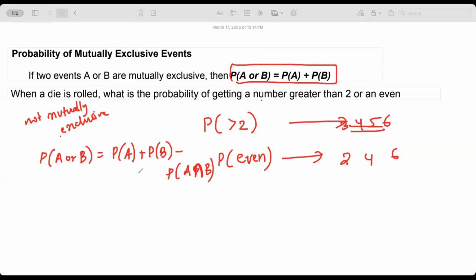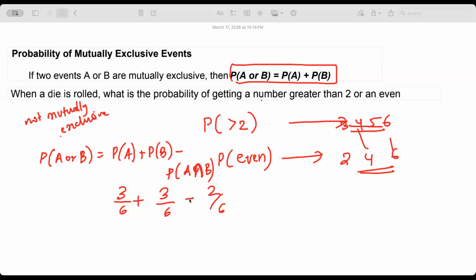Probability of A here is 3 by 6. Probability of B here is 3 by 6. And what is the intersection, guys? What is the intersection? 2 by 6.